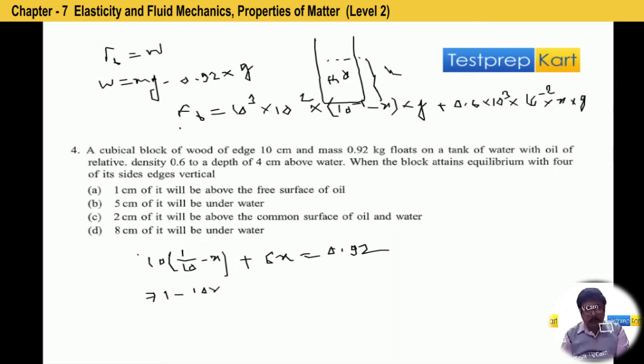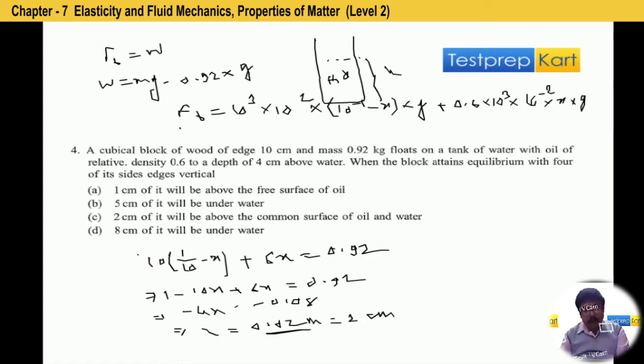It should be 1 minus 10x plus 6x equals 0.92. Here it is minus 4x equals minus 0.08. So the x value is 0.02 meter, or 2 centimeter, and here it is 4 centimeter above. So one is 2, another one is 8.